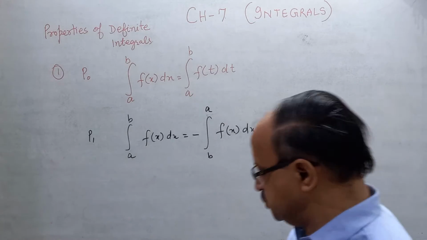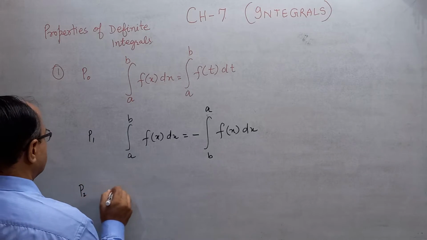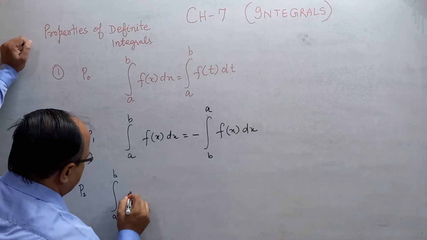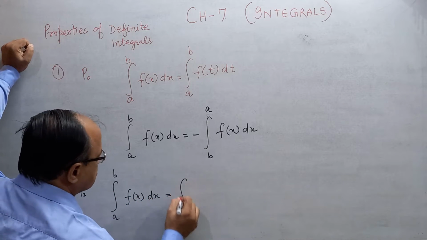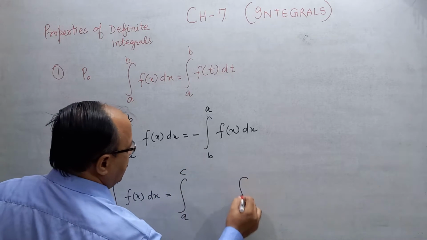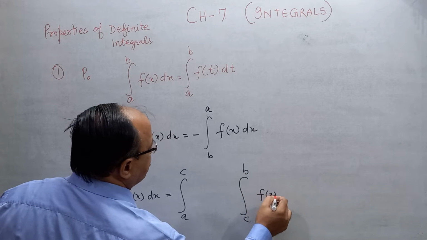Okay. The property number P2, that is integration a to b f of x dx. You can write integration a to c and c to b f of x dx.